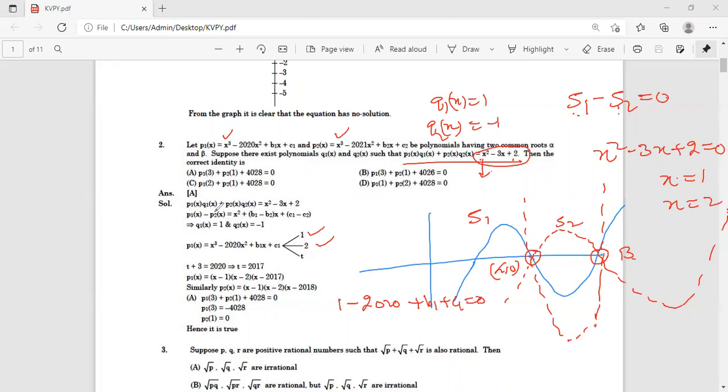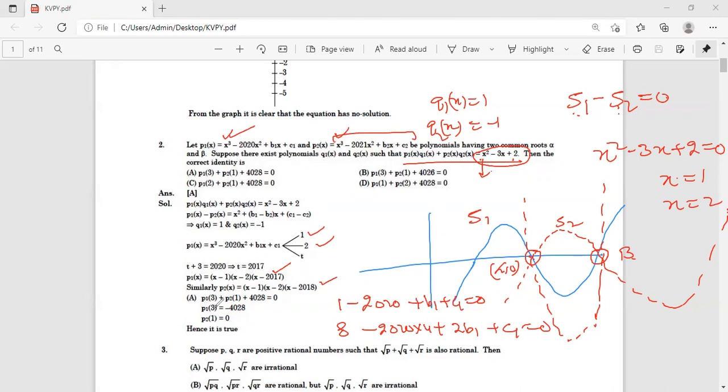And another equation when you satisfy 2 in this one: 8 - 20 into 4 + 2B1 + C1 = 0. So you can solve for B1 and C1 and you can find the value of the third root, 2017. Similarly, here you can find the third root.